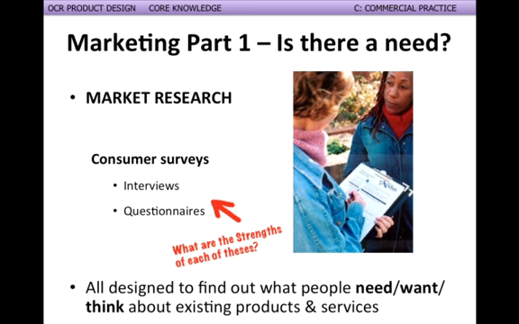So if you're designing for a specific client or small group of people, an interview is going to give you a lot of good, rich information. A questionnaire doesn't give you as rich information, but it gives you lots and lots of information. That's why questionnaires are always quick and easy to answer, because they're just designed to get as much data as possible, so they can start working out statistics and put all that into graphs.